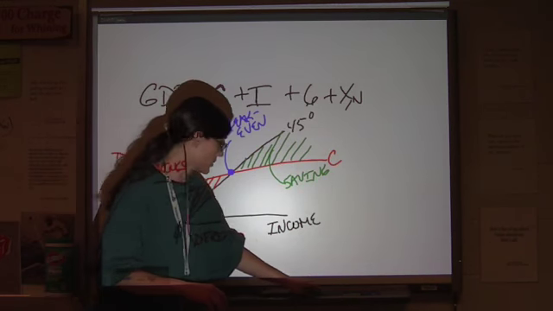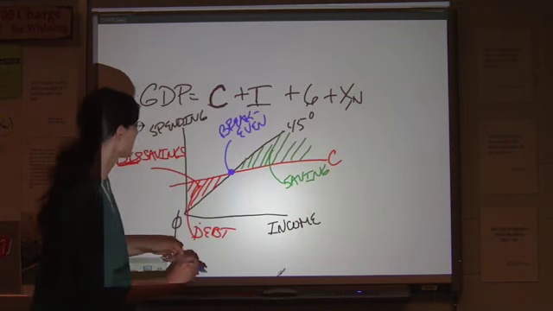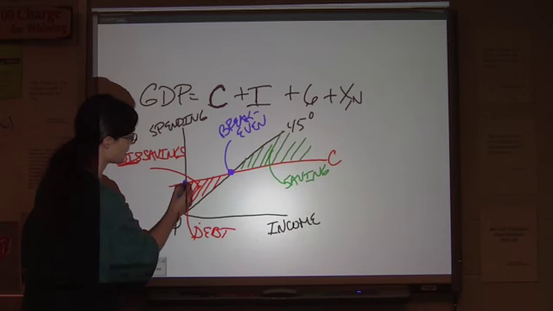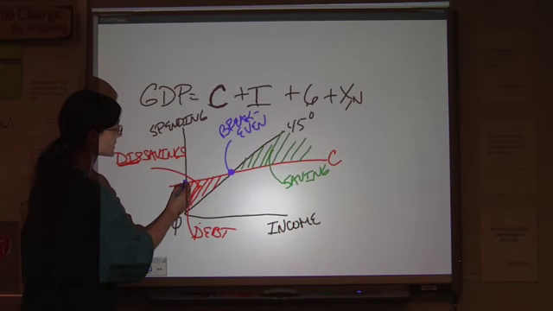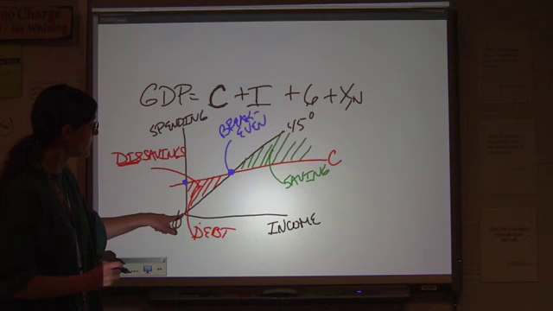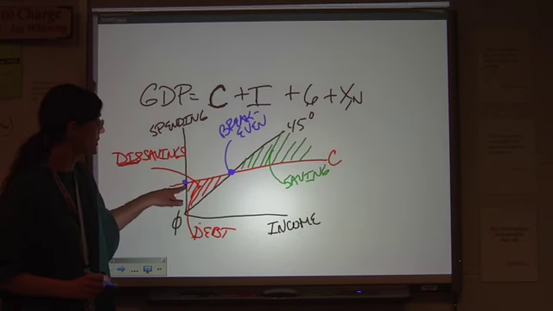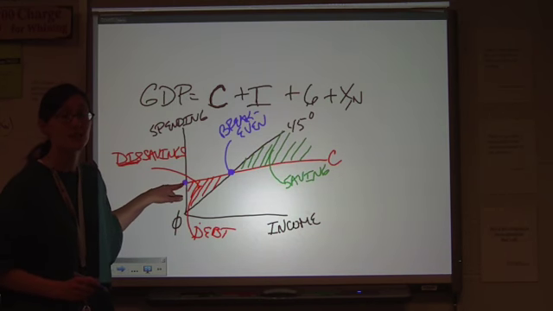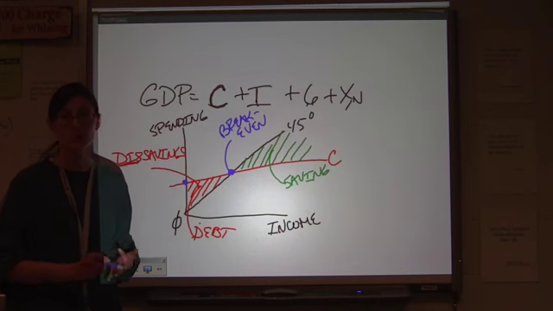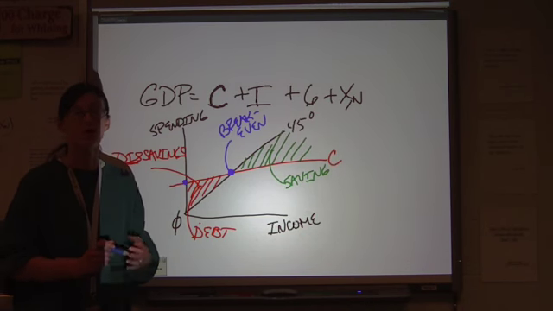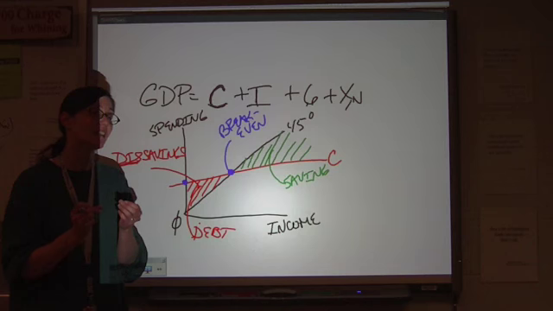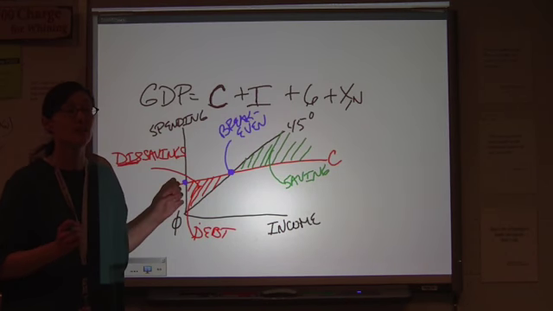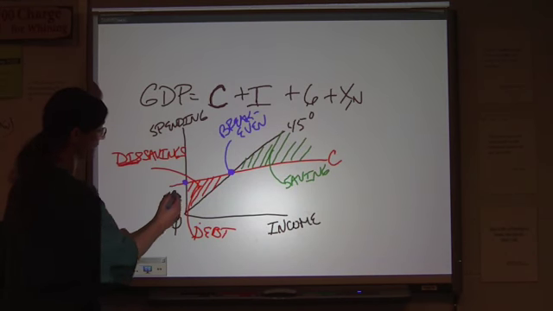What this also shows us, if we look at our intercept right here, where the consumption function crosses our axis, even if income is at 0, you still have to spend money to live. You still have to buy food, clothing, and shelter. So there is a base level of spending that accompanies being alive, even if you're not making any money.